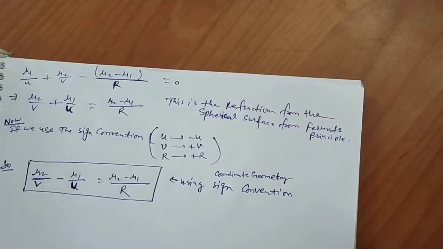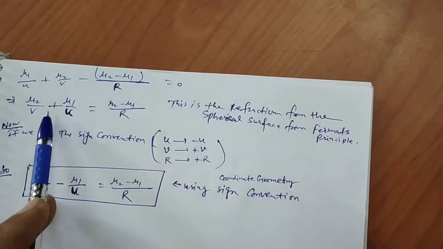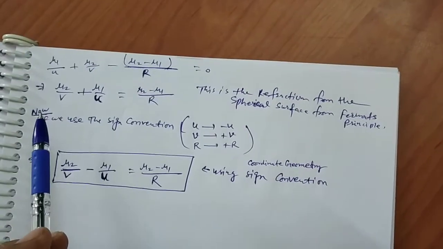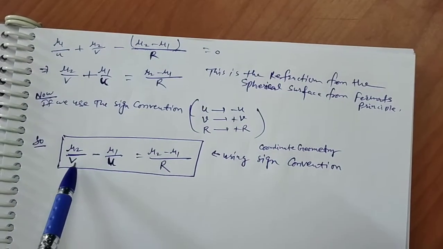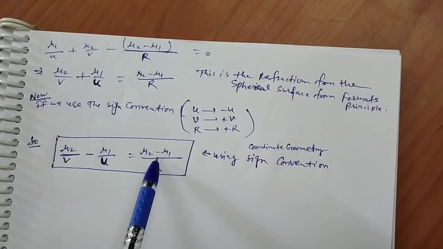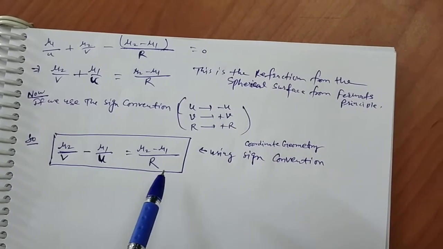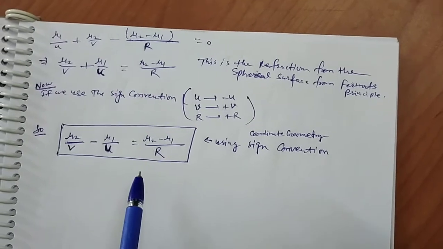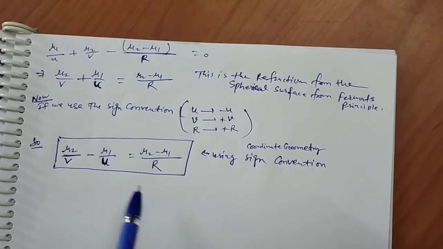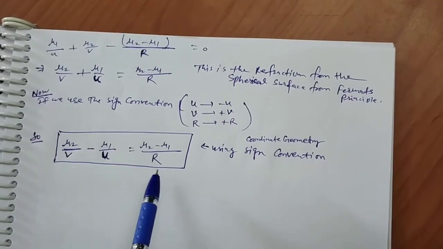So by putting the values of u, v, R, we can write it as mu2 upon v minus mu1 upon u, which is equal to mu2 minus mu1 upon R. This is the formula for refraction from the spherical surface.